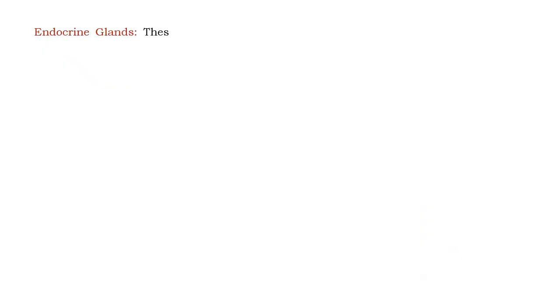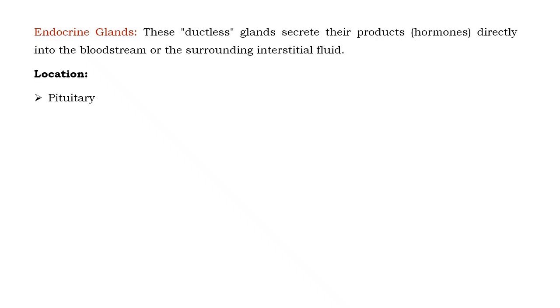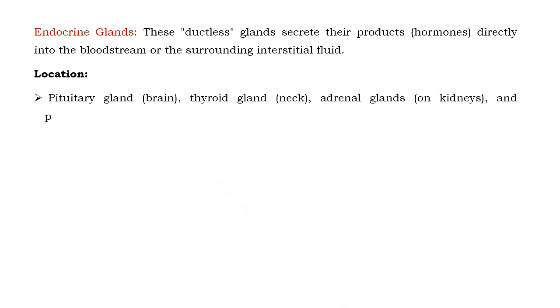Endocrine glands. These ductless glands secrete their products, hormones, directly into the bloodstream or the surrounding interstitial fluid. Location: pituitary gland in brain, thyroid gland in neck, adrenal glands on kidney, and pancreas secretes insulin and glucagon into the blood.